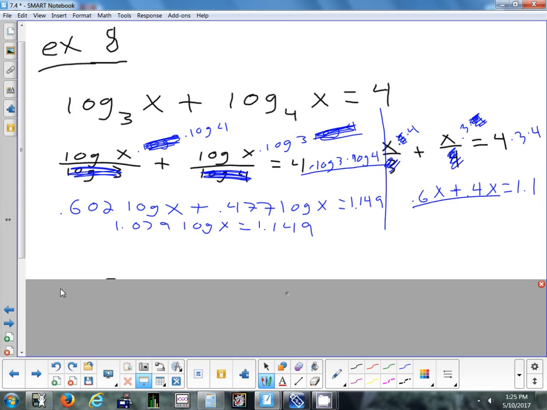Okay, so now we've combined the like terms. What can I do with this 1.079? Yep, I could make it an exponent. There's also something else I could do with it, just to get it away from the log x.